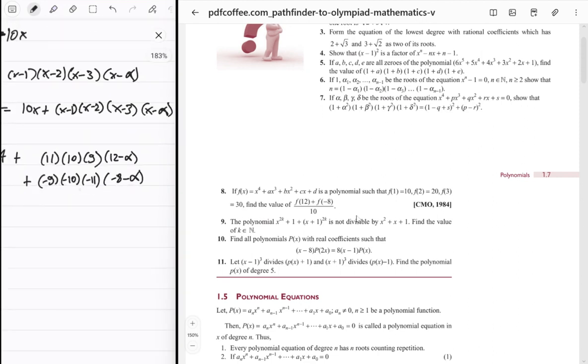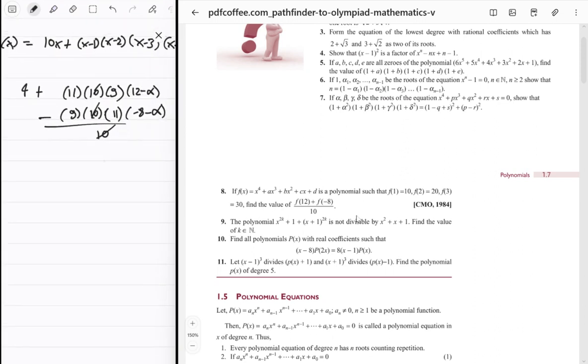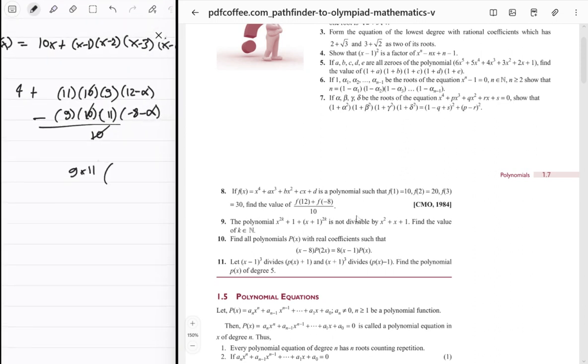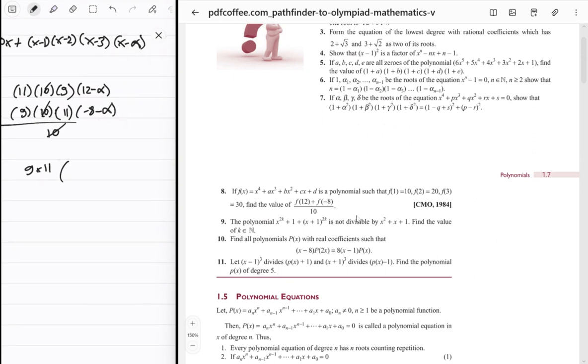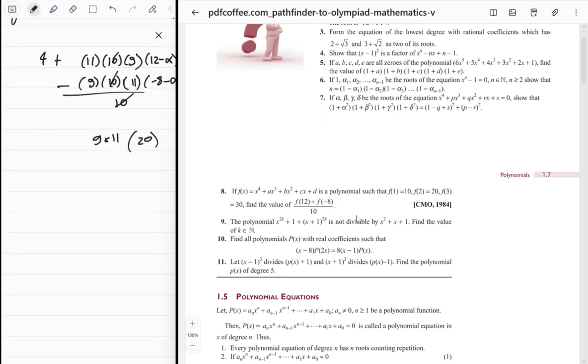You got an odd number of negatives, so make that come out as negative of that guy, and then all of that upon 10, of course. Yeah, that cancels. So it's 9 times 11, and then this thing minus that thing, so just 20, and that cancels. Cool. So alpha we don't even need to know, it just cancels right away.